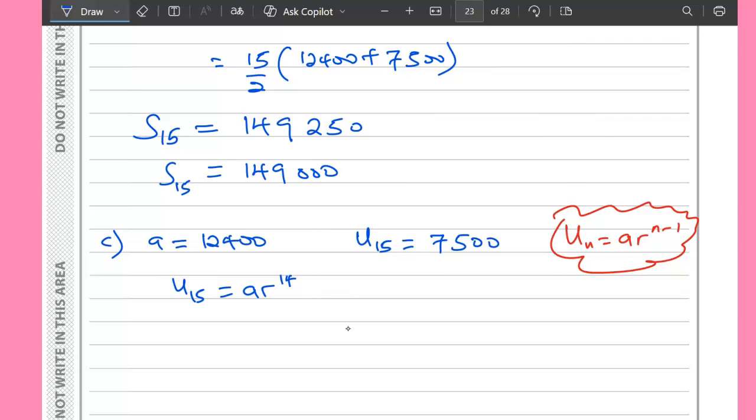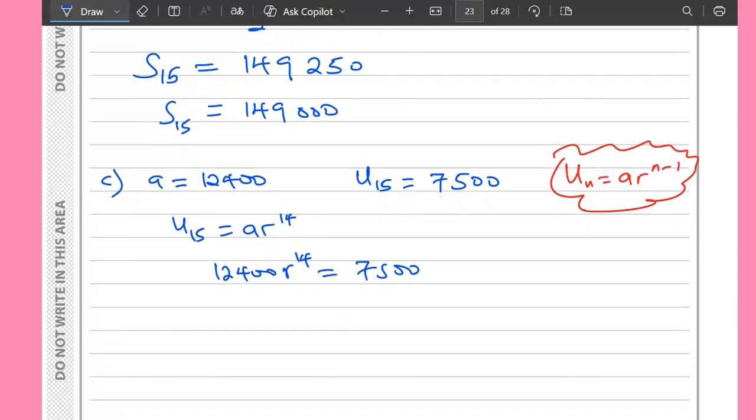Replacing the values, we can say that 12,400 r power 14 is equivalent to 7,500, and therefore dividing through by 12,400, r power 14 is simply equal to 7,500 over 12,400.